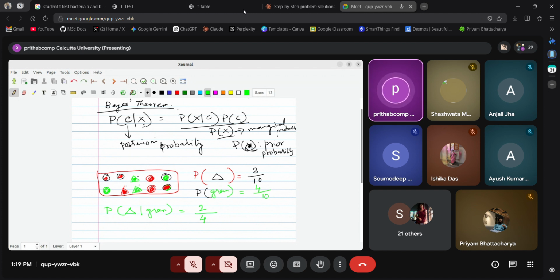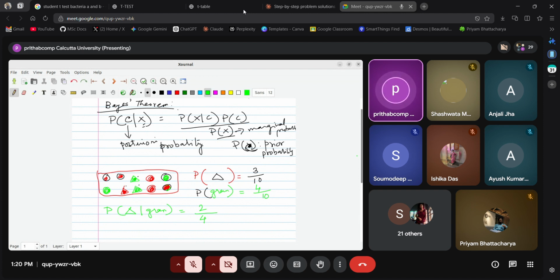So this is the probability that, given green, it is a triangle. The probability that it is a triangle given green is this much. Now let's see one thing.